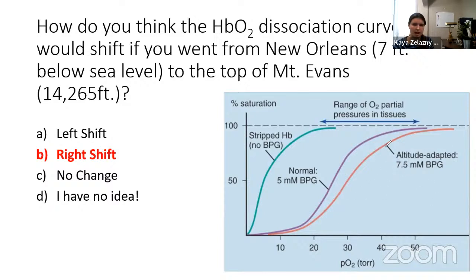So we can see that as you adapt to the altitude, you have more BPG or DPG, the 2,3-DPG that we were looking at, compared to normal. Here we have normal, here we have absolutely no BPG. So we can see that this is a rightward shift, making it easier to get oxygen into the tissues.